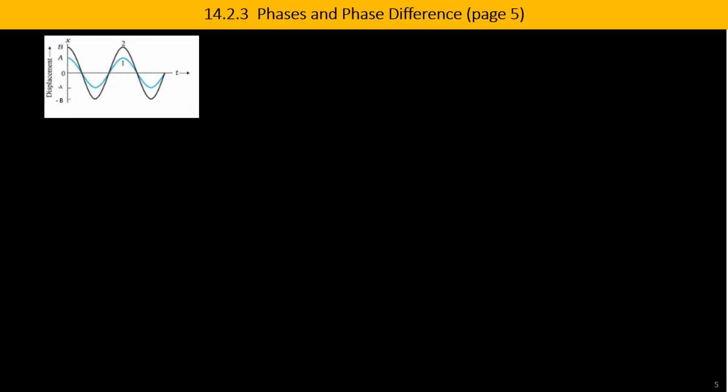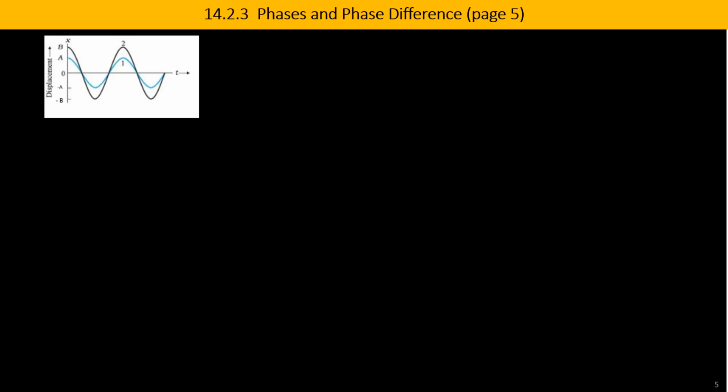Phase and phase difference. While the amplitude A is fixed for a given simple harmonic motion, the state of motion, position and velocity of the particle at any time t is determined by the argument omega t plus phi in the cosine function.